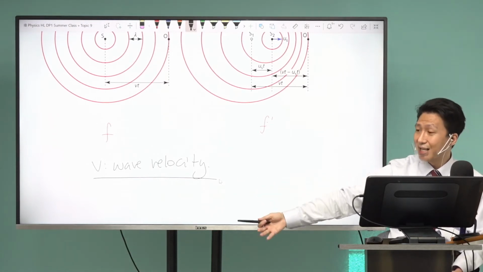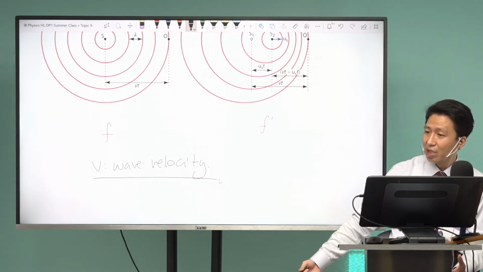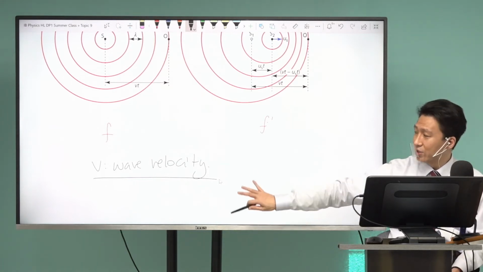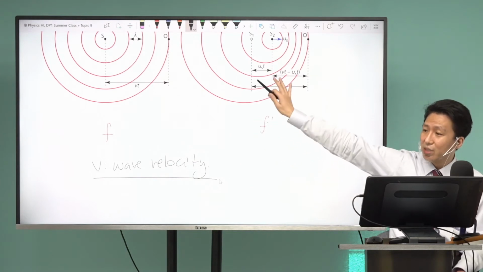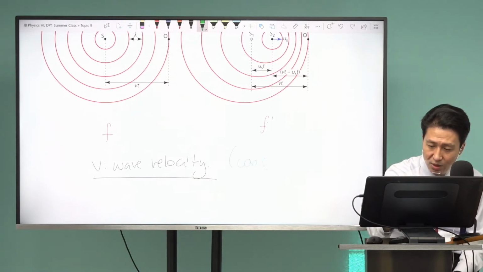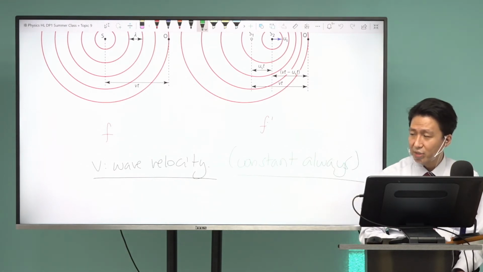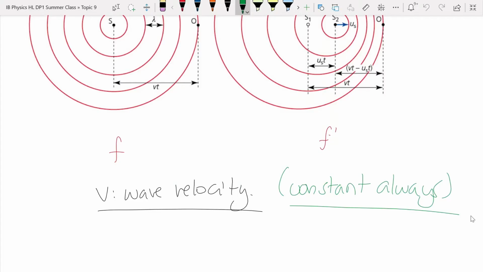You have to change the gas, you have to change the pressure, temperature, right? Increase the density, which doesn't really happen. This is considered to be constant. So in green, it's constant, always. Which is the first base assumption we have to consider, right? Wave velocity is always the same.